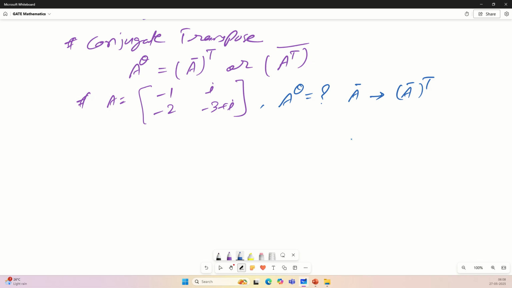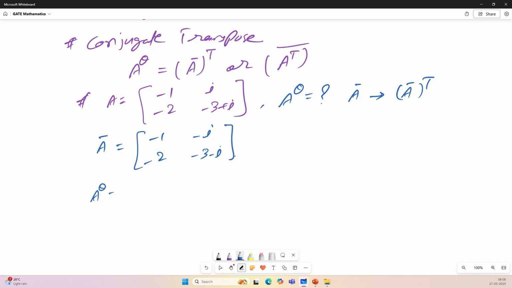So let us do that quickly. Can you do that? A conjugate is what? Replace all the elements of this matrix A by their conjugate. So that will become -1, minus I, -2, -3 minus I. Now to get A theta we have to do what?